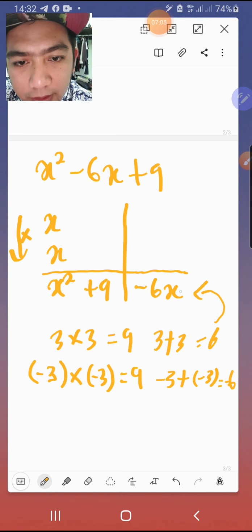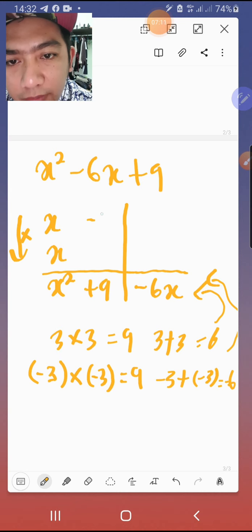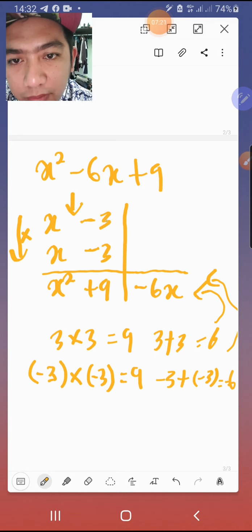So sama dengan jawapan yang kita mau nanti. That's why here we took negative 3 times negative 3. Remember, ke bawah ini downwards, negative 3 times negative 3 we will get positive 9.